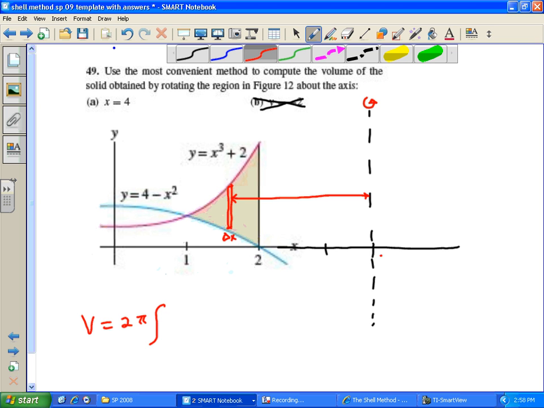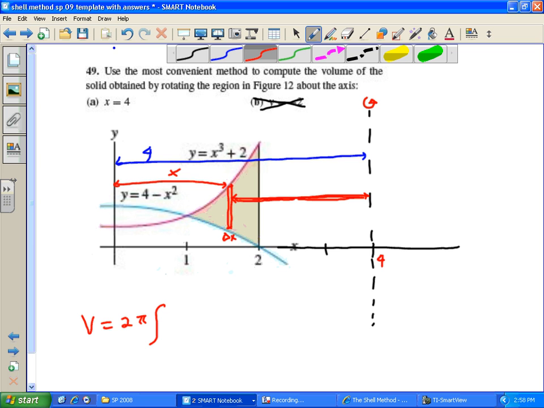Again, this is x equals 4. Normally, the distance from here to here would be your x. The entire distance is your 4. But we want just this part. So that will be 4 minus x.